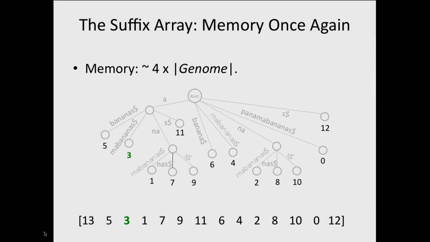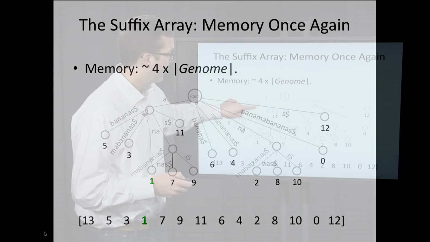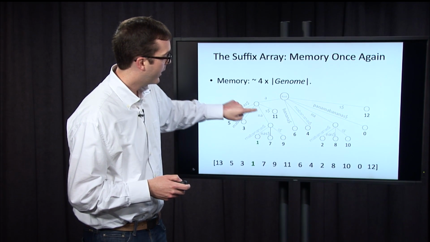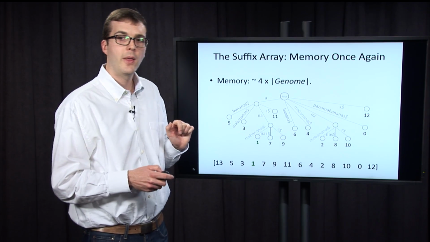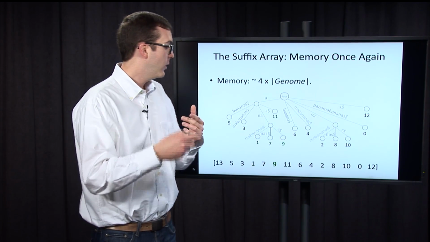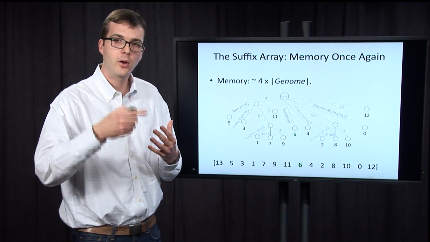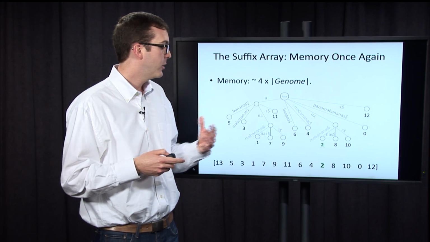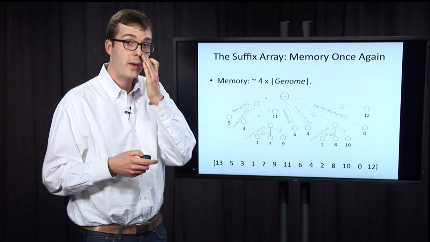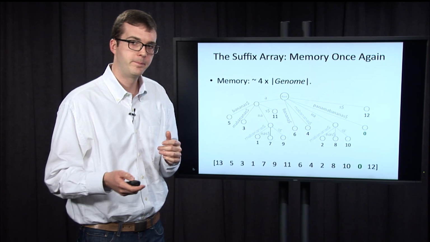Then 5's taken, so we go down to the next node over, so that's 3. Then we go down, and then we can't go to these 2 nodes, but we go here, and then we go left, so that gives us 1, and so on. So if we traverse the tree in this manner and go down to the leaves, then we're able to see this correspondence, that the suffix array is hiding in the suffix tree.